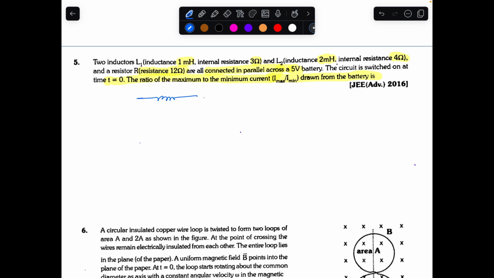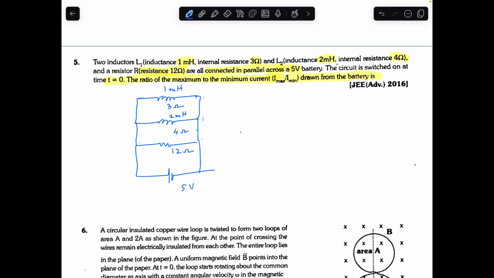So basically you have an inductor of 1 millihenry, 3 ohm, this is 2 millihenry and 4 ohm, and a resistor of 12 ohm. All are connected across the 5-volt battery.